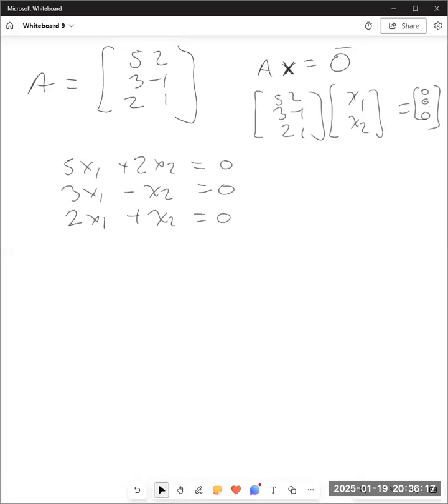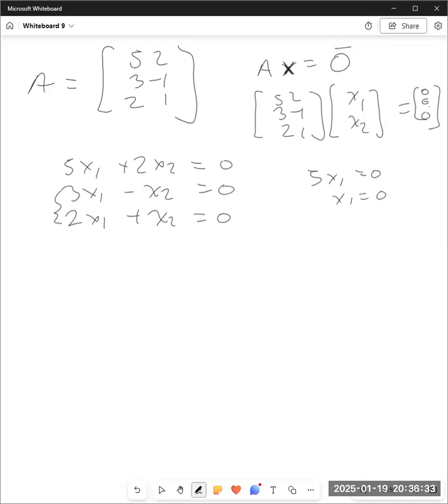So I'm going to pick these last two equations first, since the x2's eliminate, and that gives me 5x1 equals 0, giving me x1 equals 0.